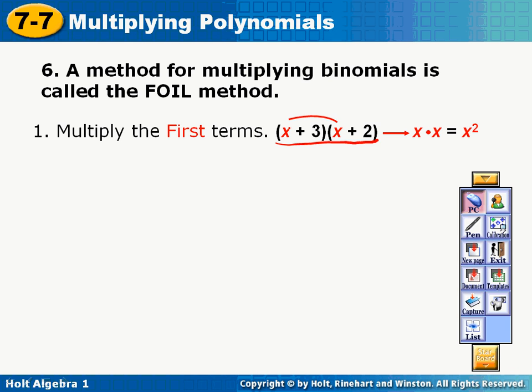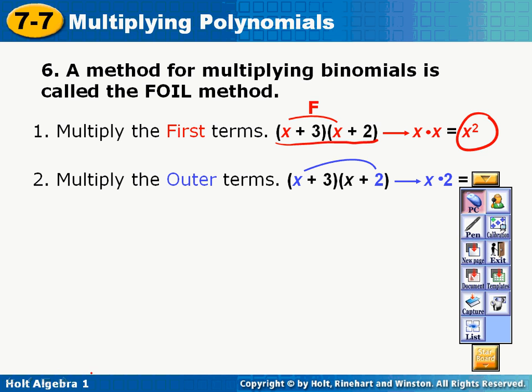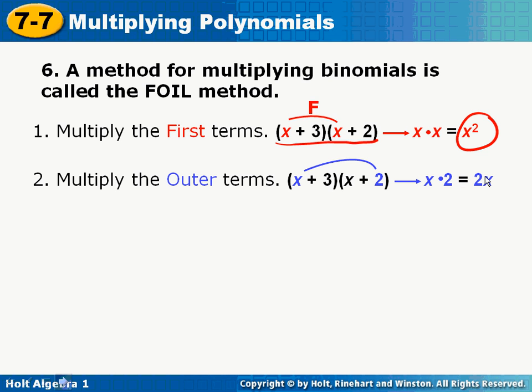So we're going to multiply the first term. So it's x times x, which is x squared. Okay, that was the F. The O stands for outside or outer terms. So then I have to multiply this x times the 2, which gives me 2x.